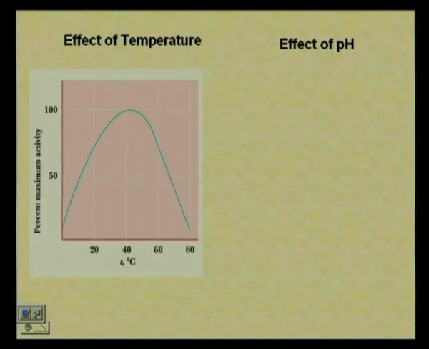At high temperatures also the enzyme is not going to function, because it has to have an optimum activity. Considering the reactions that take place in our body, it is going to be an optimum of 37 degrees centigrade, right.